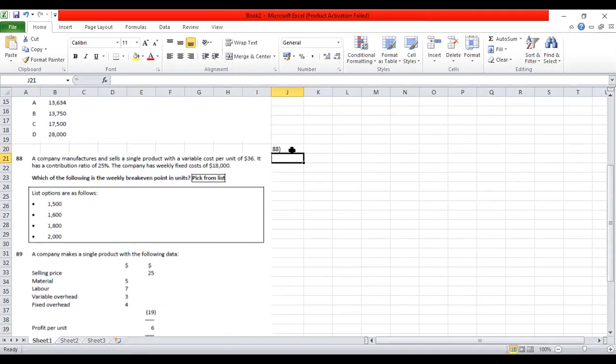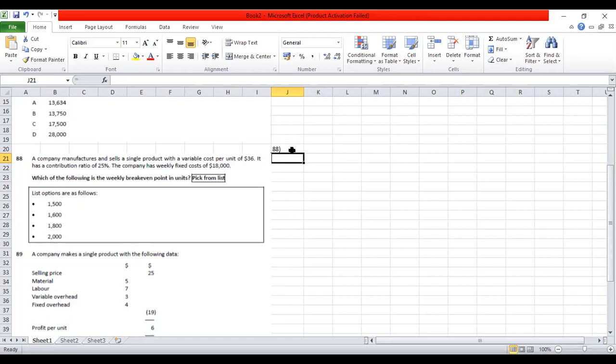Question number 88. A company manufactures and sells a single product with a variable cost per unit of 36.